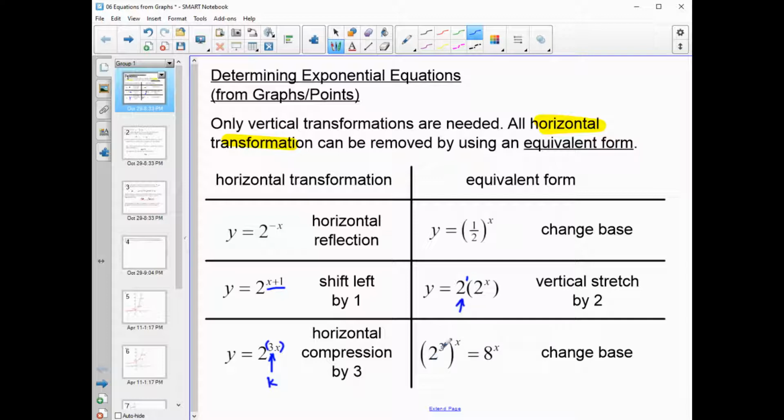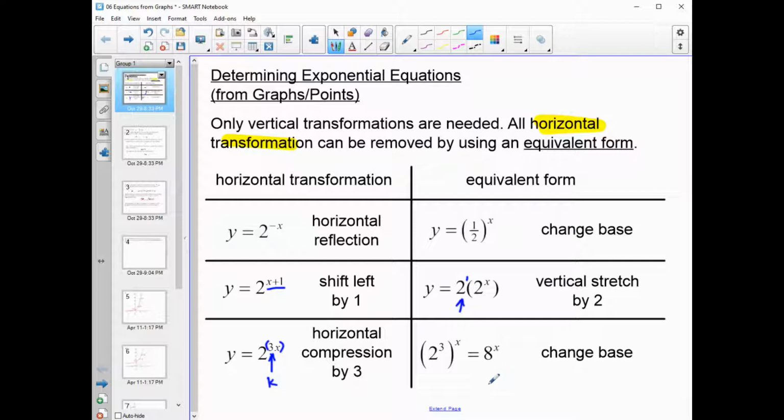I group 2 to the 3, all to the x. We know if we were simplifying 2 to the 3 to the x, we would take 3 times x. That would take us back to the original. But by changing the base from 2 to the 3, we can simplify that to be 8 to the x. So that means that we never really need to consider horizontal transformations.